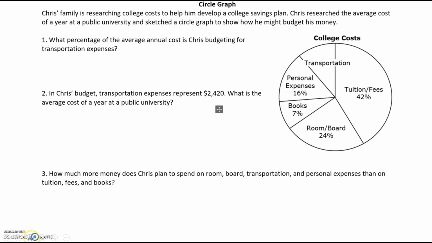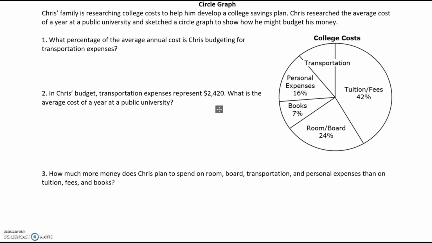Okay, now that y'all finished the bar graph, we're going to look at the circle graph. It says Chris's family is researching college costs to help him develop a college savings plan. Chris researched the average cost of a year at a public university and sketched a circle graph to show how he might budget his money.